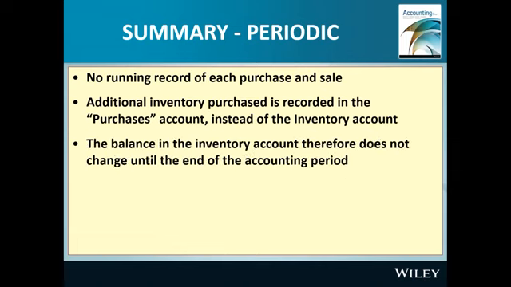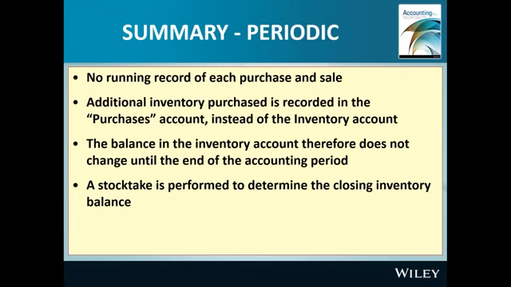The balance in the inventory account therefore does not change until the end of the accounting period. If your opening balance of inventory is 50,000, it will still remain 50,000 until you do your stock take, at the end of the 12 months, when you go and check the balance. For example, the balance now is 80,000, then you update the balance from 50 to 80.